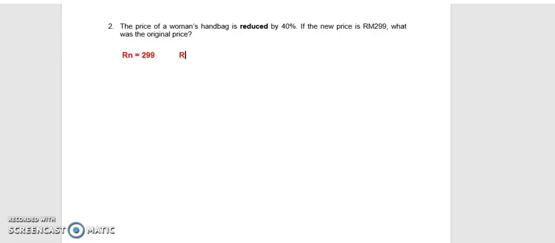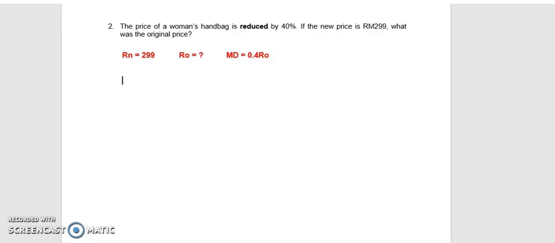So we want to find RO. So reduced by 40%, that is markdown. So how to write markdown here? MD equal to 40%, 0.4, and it must be from the original selling price, which is RO. So MD equal to 0.4 RO.